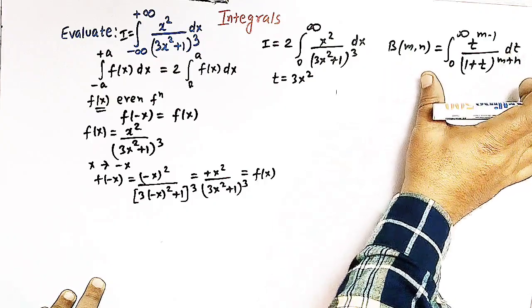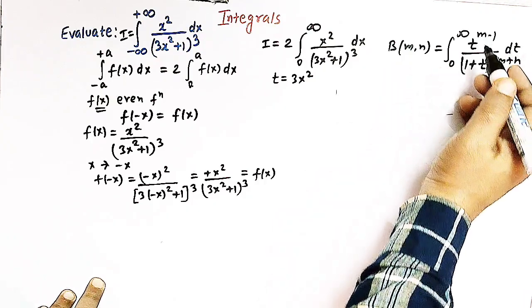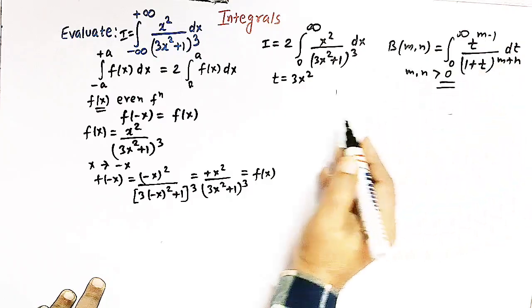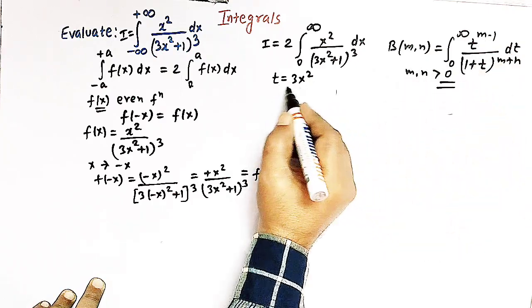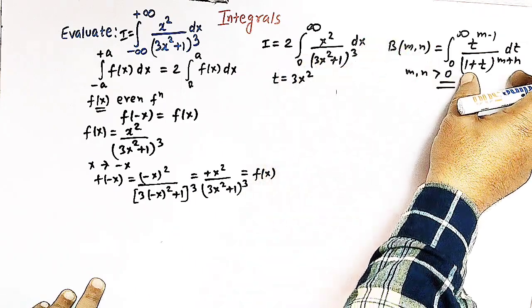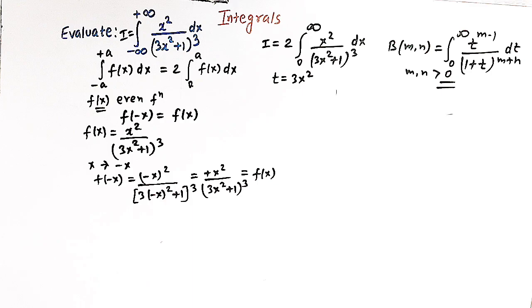So the beta function is defined by this integral where m and n are greater than 0. So using this substitution we will reduce this integral into this form.